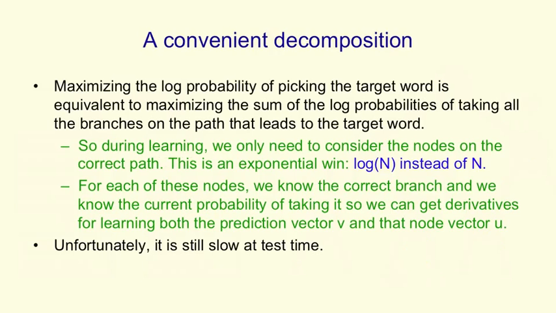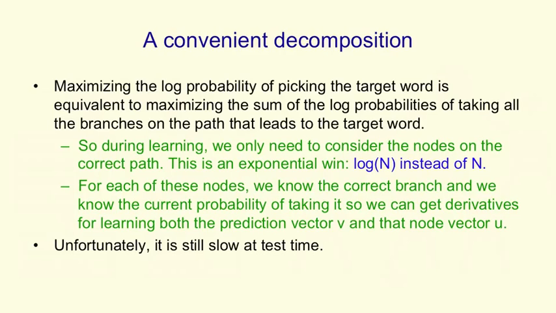So we benefit from a nice decomposition here. That when we try and maximize the probability of picking the correct target word, we're really trying to maximize the sum of the log probabilities of taking all the branches on the path that leads to that target word. So during learning, we only need to consider the nodes on that correct path. And that's a huge win.